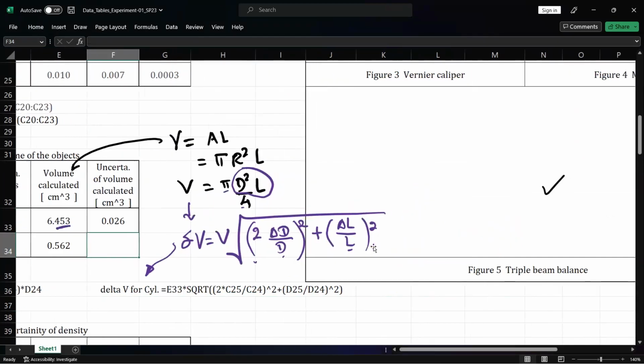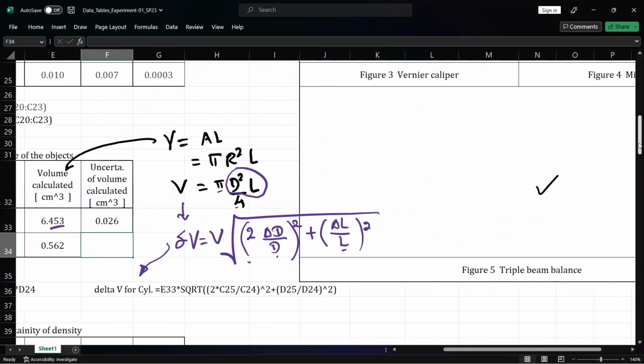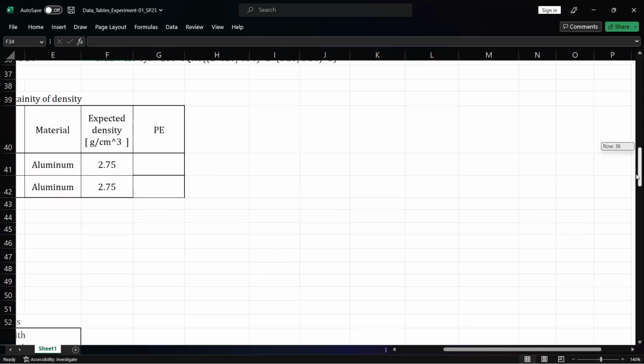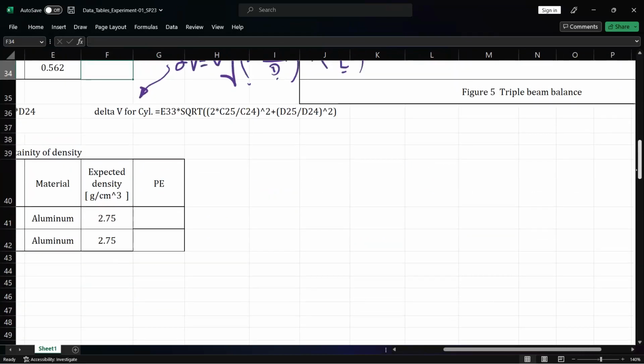Now first I need to take a look at what the volume equation is. So let's take a look. The volume equation is going to look like this. Volume for the rectangle is basically length average times the width average times the thickness average. This is multiplying 3 of them together.